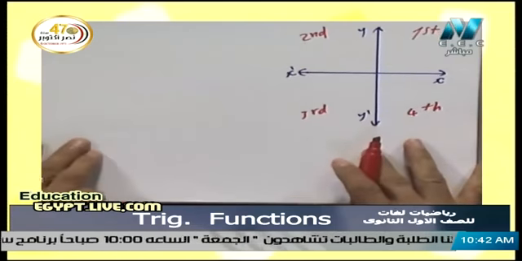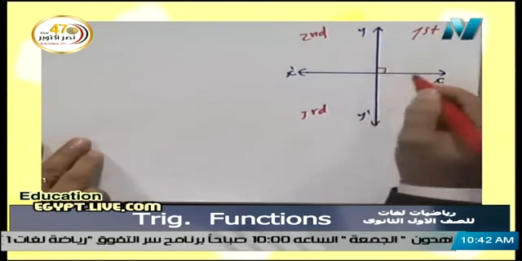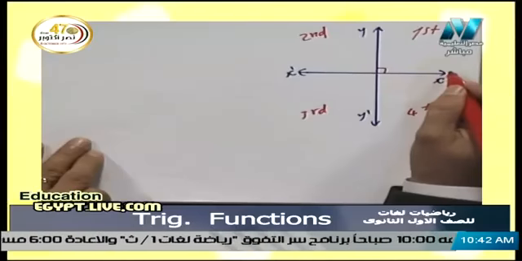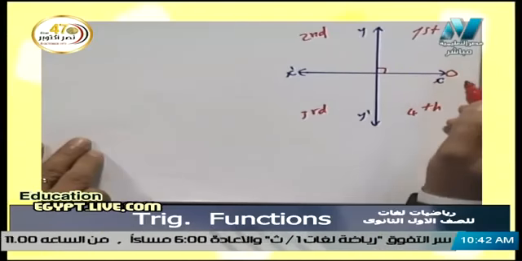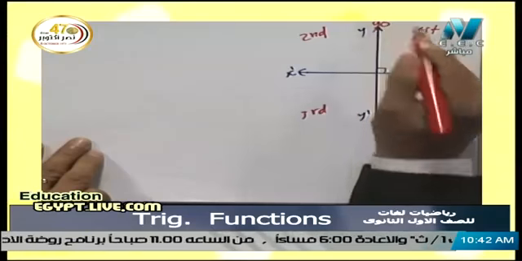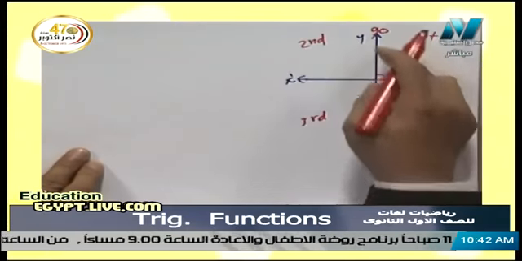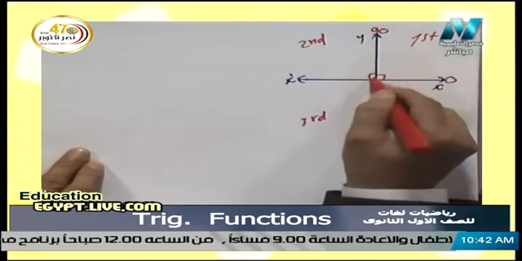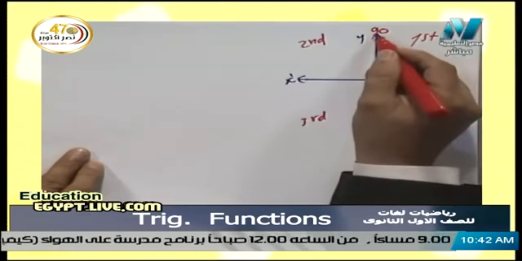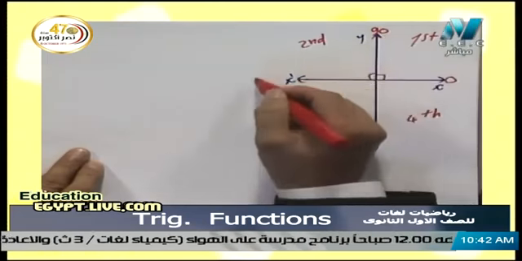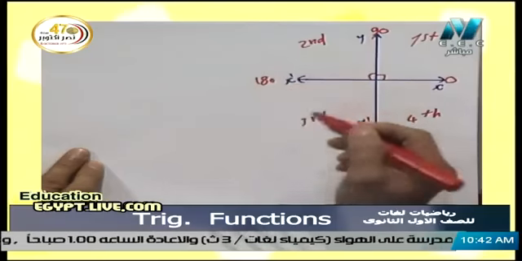And we know that the first quadrant includes angles between 0 and 90 degrees. The second quadrant includes between 90 and 180 degrees.